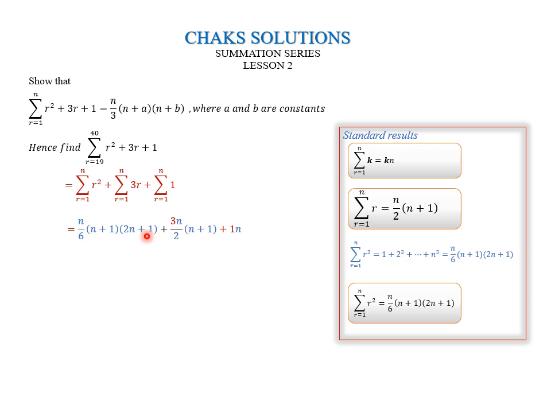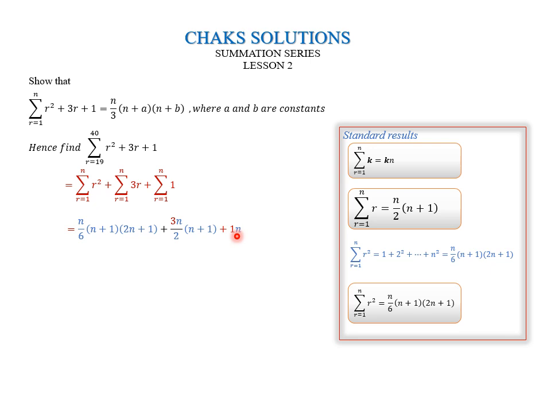Now the summation of 3r, where r gives n over 2 times n plus 1, but there's a constant 3, so we replace it with plus 3 over 2 n, then n plus 1. The summation of a constant 1 is 1 times n, so it's plus 1n.